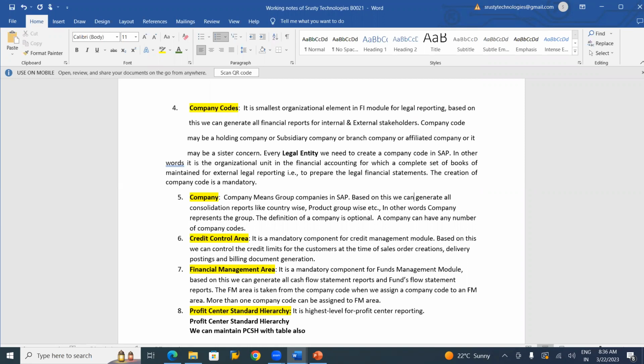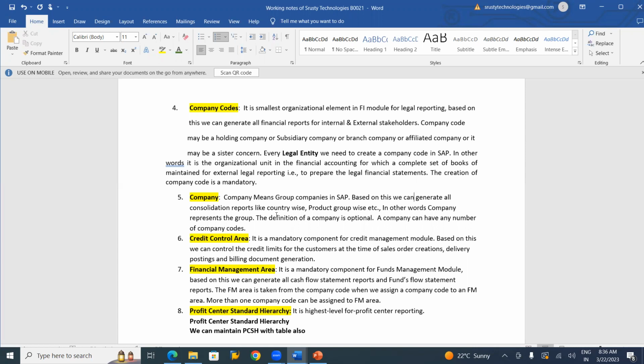Okay. So here, as we discussed, company means nothing but a group or corporate office. But for example, I'm having only one business, only one company code, doing transactions in one company. Clear? If I am doing different businesses, then defining a company is mandatory. But I'm having only one business that I'm dealing in India, that too only steels, right?